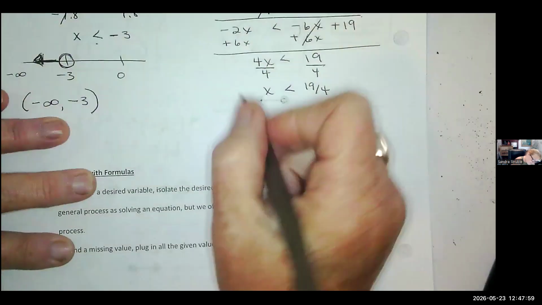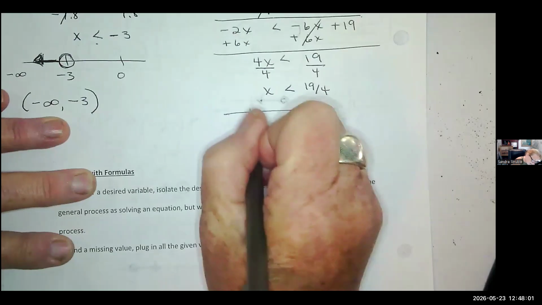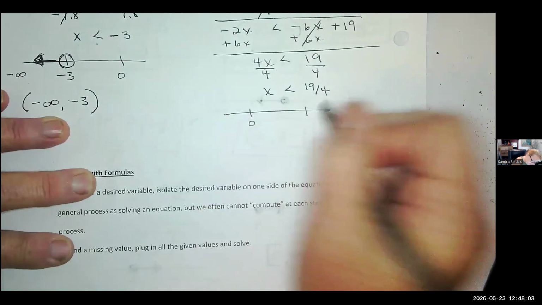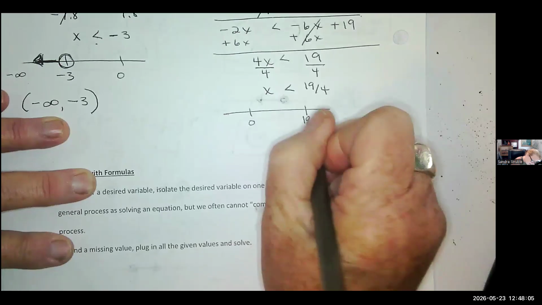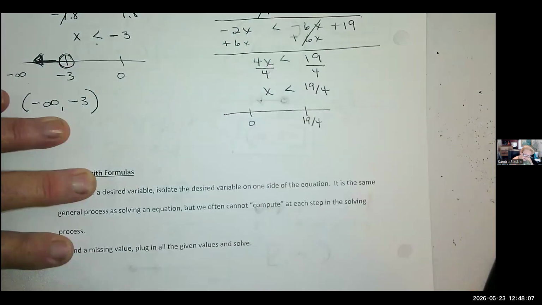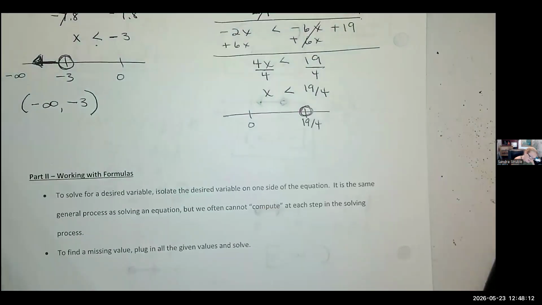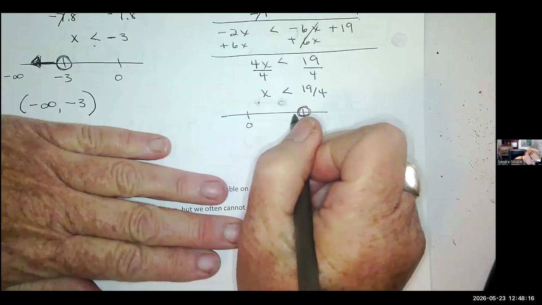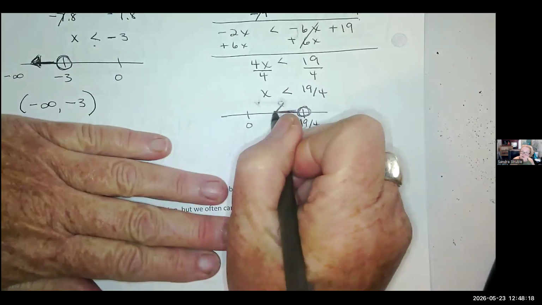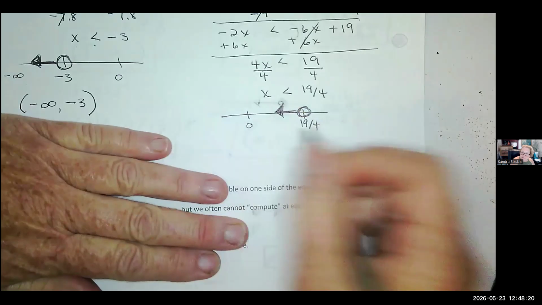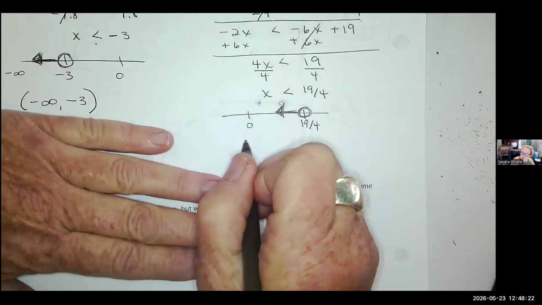This is a 19/4 that's positive, so it's somewhere to the right of 0. All right. It is not included, so it gets a circle, not a dot, and x is less than. 0 is less than 19/4, x is less than, so the arrow is going to the left. Finally, for your interval notation, coming from negative infinity, that's the furthest number from the left.